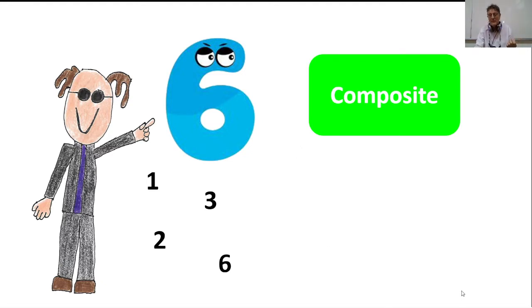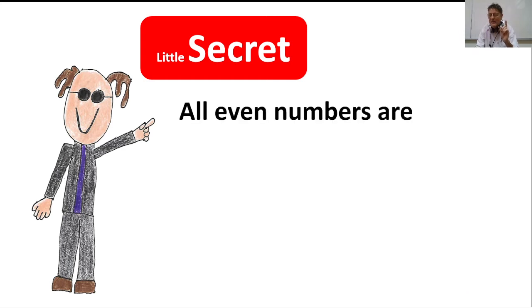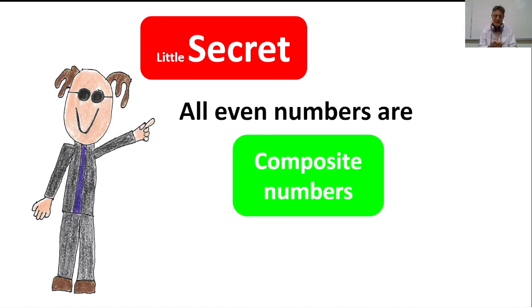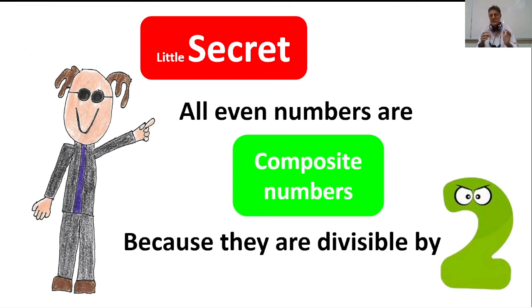Now, I've got a little secret to tell you. All even numbers are composite numbers. Why? Because they are divisible by 2.